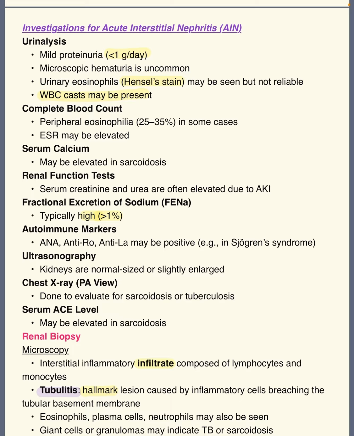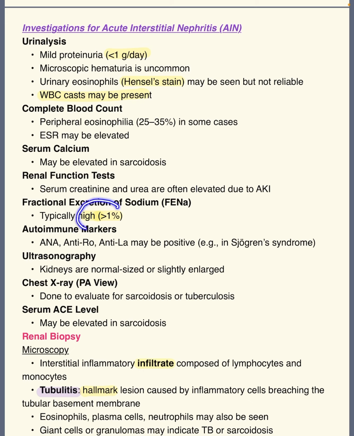If you find WBC casts without bacteria, always think about acute interstitial nephritis. Blood tests: we can find peripheral eosinophilia in around 25 to 35% of cases, raised ESR, and raised serum creatinine and urea.